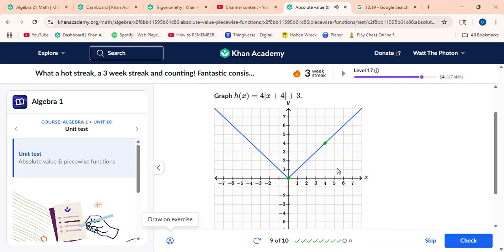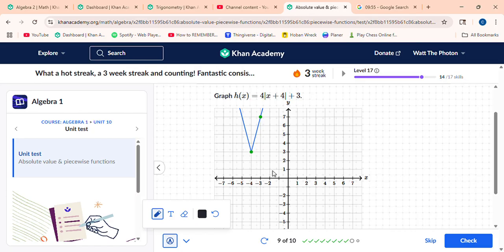This, okay. So it's scaled 4, up 3, 1, 2, 3, 4. Let's put -4, we get +3. That's a good sign. Let's put, I can't draw anything.